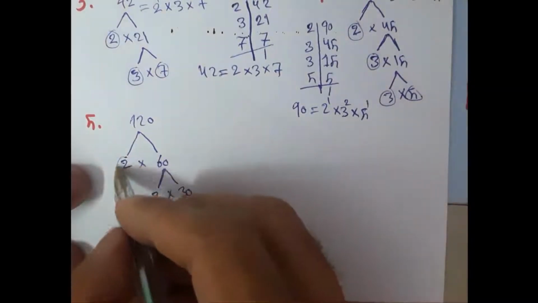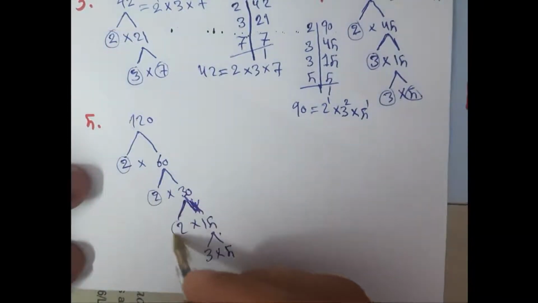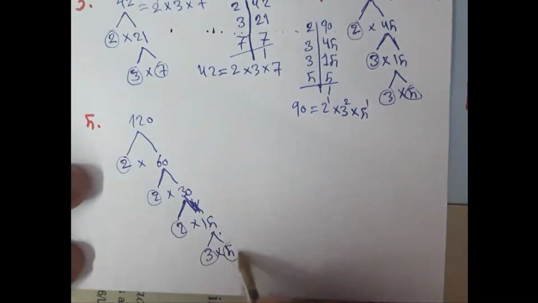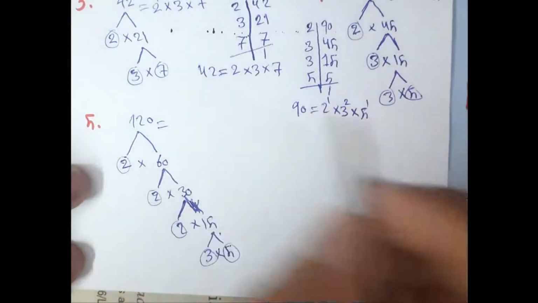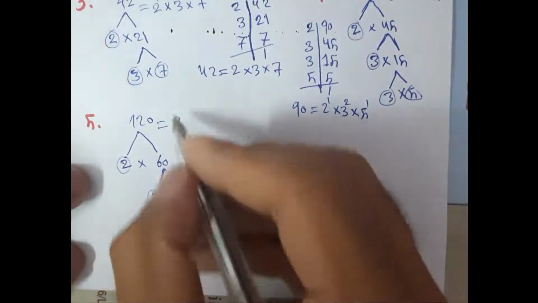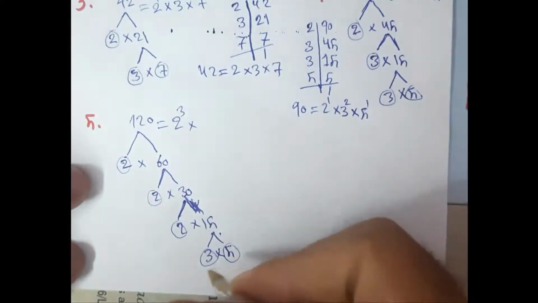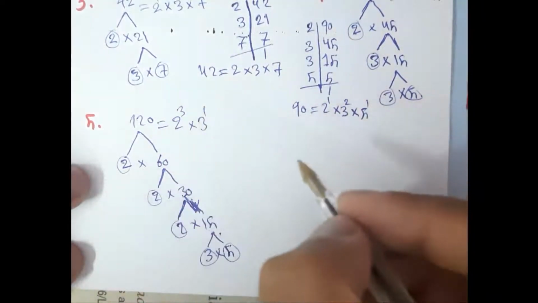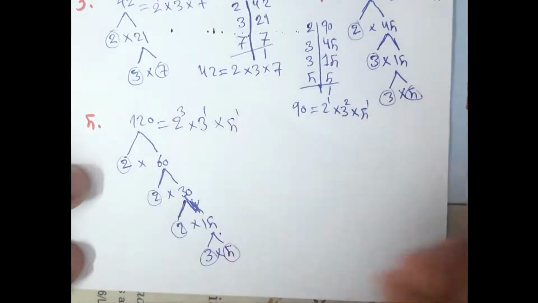So here we got it. These are prime numbers. So 120 is equal to 2 to the power 3 times 3 to the power 1 times 5 to the power 1.